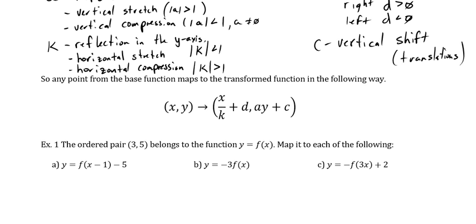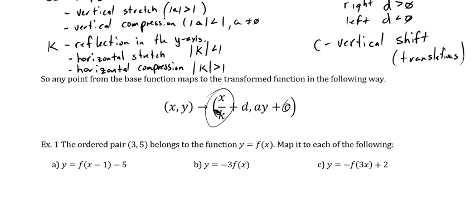They change the horizontal. So we can use this little formula, and you can sort of memorize the formula, but really, if you know that these are horizontal, and these are vertical, and that the A is a stretch or compression and the K is a stretch or compression, you're multiplying, right? And the fact that this one is X divided by K is because it has the opposite impact.